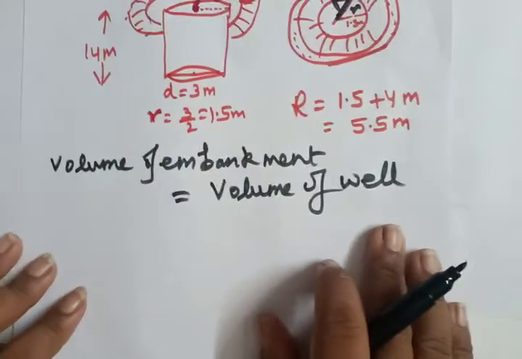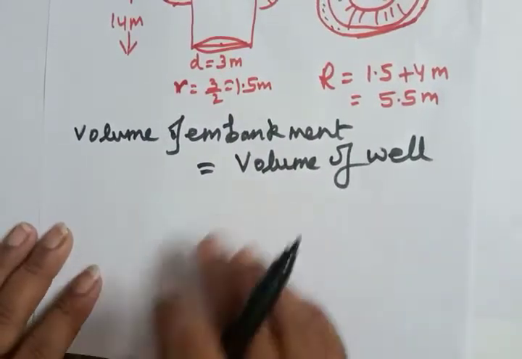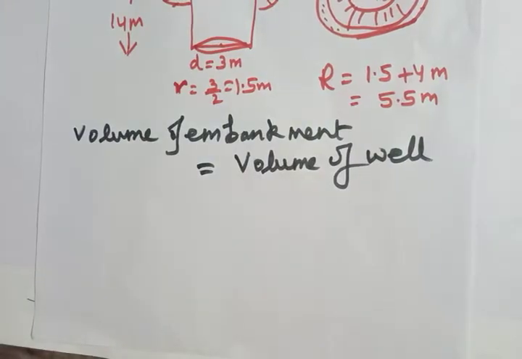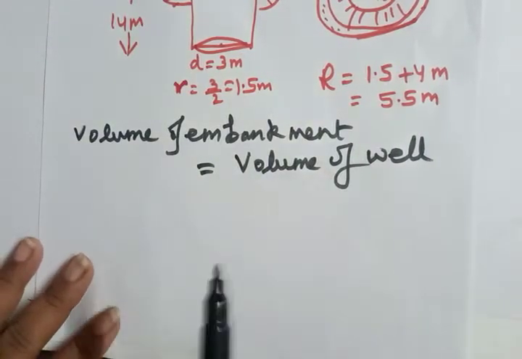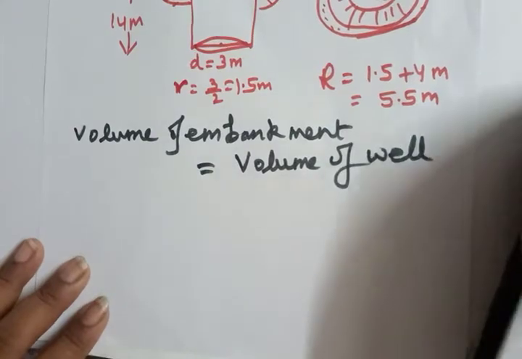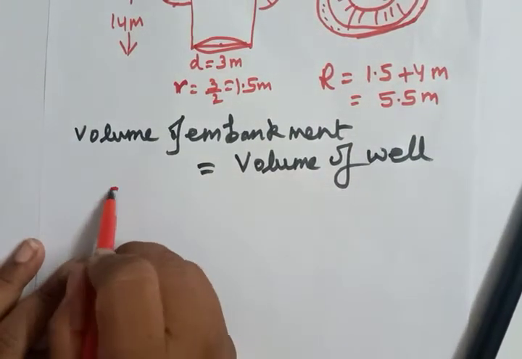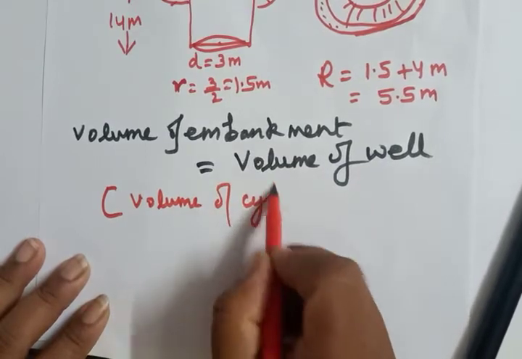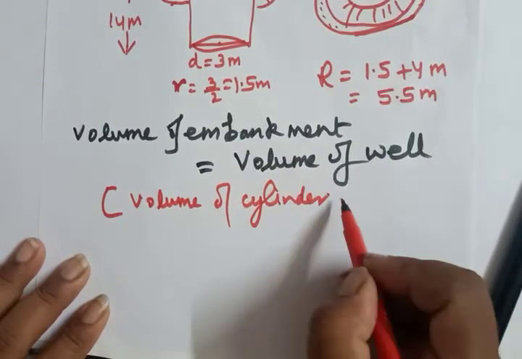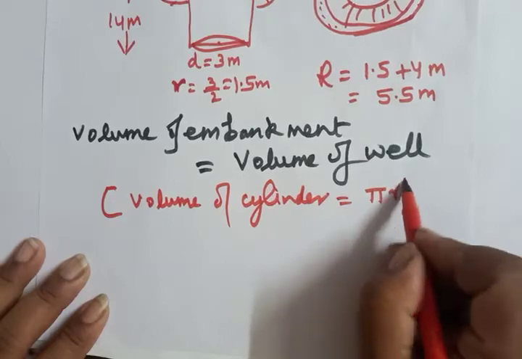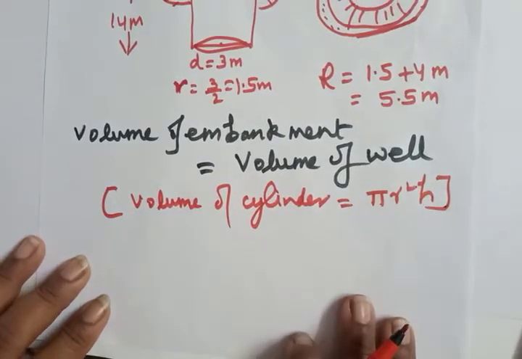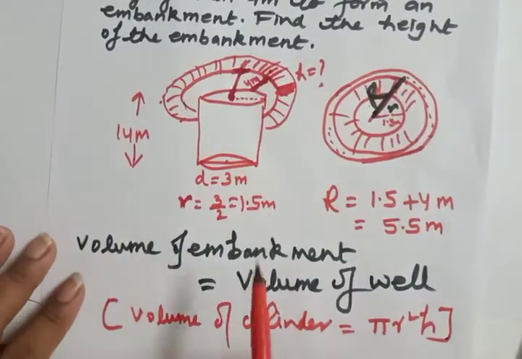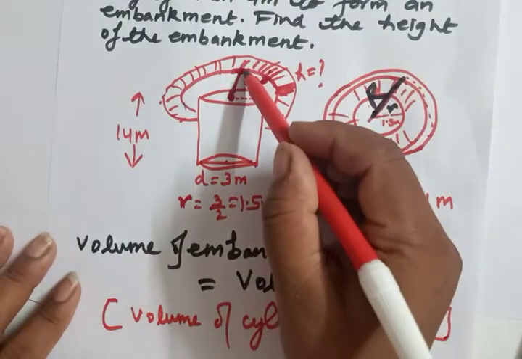Now when we want to talk about the volume of embankment, see the formula for the volume of cylinder. We know that the volume of cylinder, because the well is in the shape of a cylinder, is equal to pi r square h. But in the case of embankment, we can see the capital R is there.